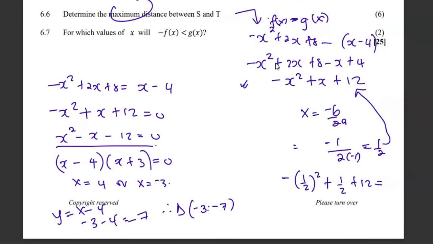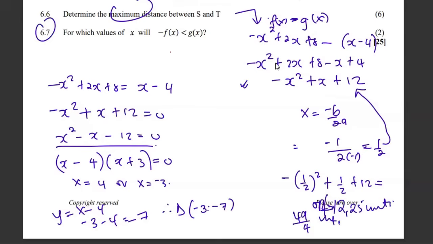If I punch that into my calculator, that's negative 0.25 plus a half plus 12. That becomes 12.25 units. Or someone can call it 49 over 4 units. So that or that.